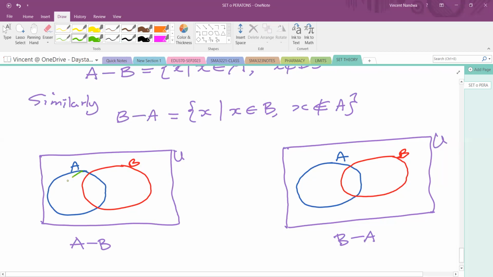This would be the only part of A, so that is what we have as A minus B. Then B minus A means you are in the red circle, but you shouldn't be counted to be in the other blue circle A. And this will be the only part. So that is set B minus A.